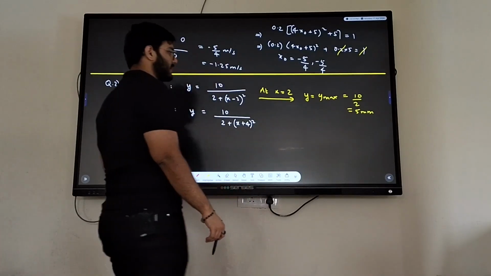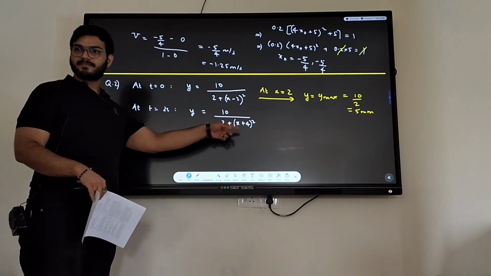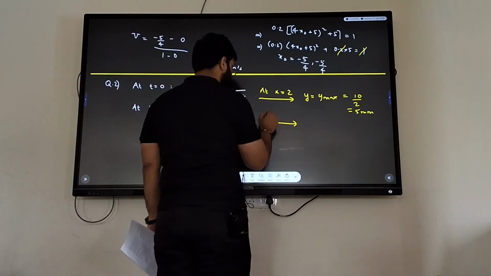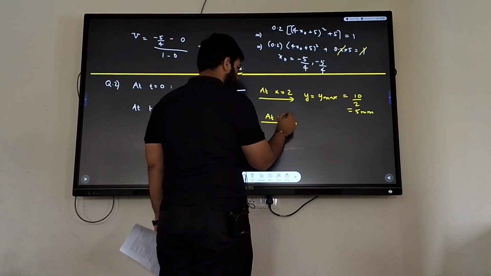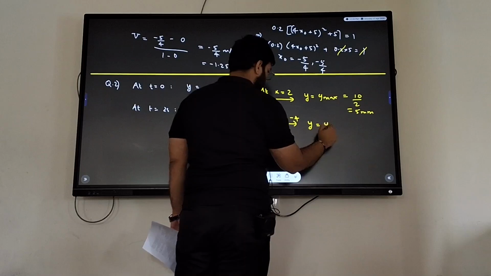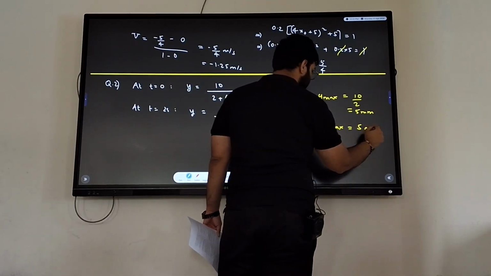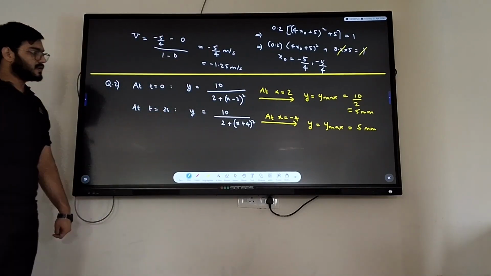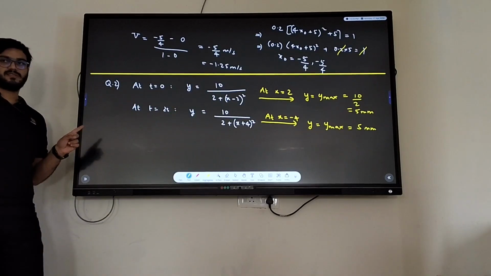Y is 5 millimeter. Where will this be the peak? At minus 4. The x position is in meters and the y position is in millimeters. So by how much distance has my peak moved in the 2 seconds? It has moved from x equal to 2 to x equal to minus 4. So where is it moving?